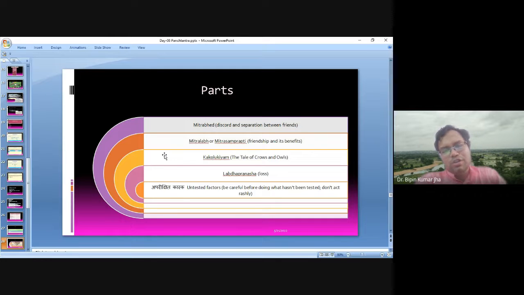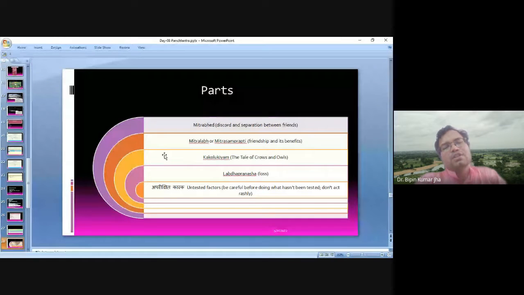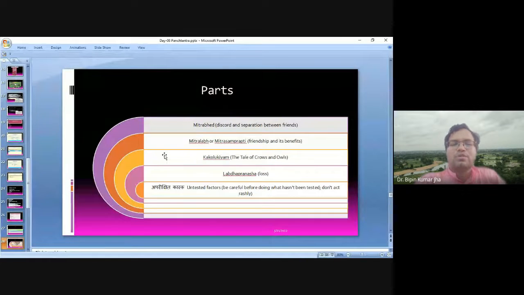So the first text is Hitopadesh or Mitra Labh. Second is Amarkos. Third is the grammar text. All these are basic texts when you learn according to Indian culture or the traditional education system. Nowadays it is quite changed, but if you see the Gurukul system, you will find the same thing.